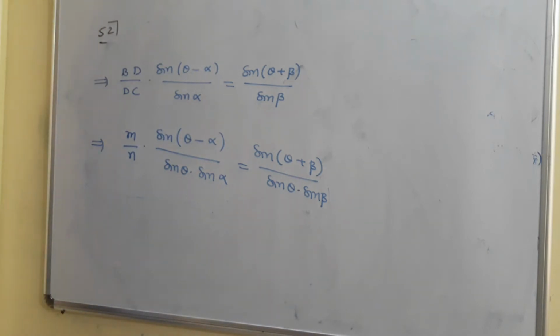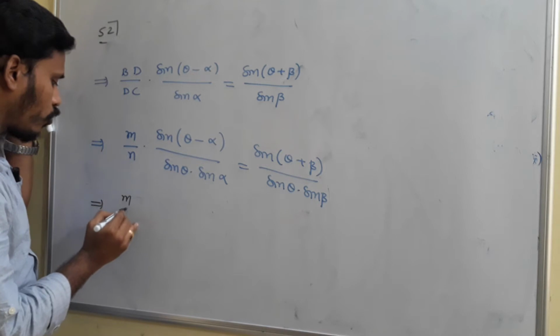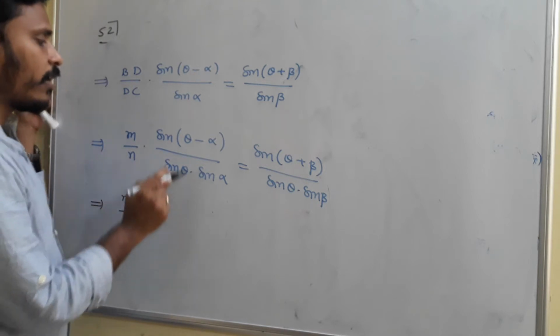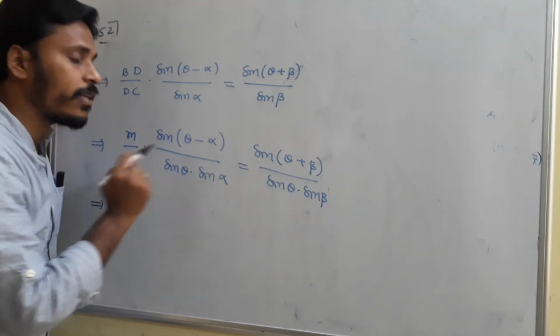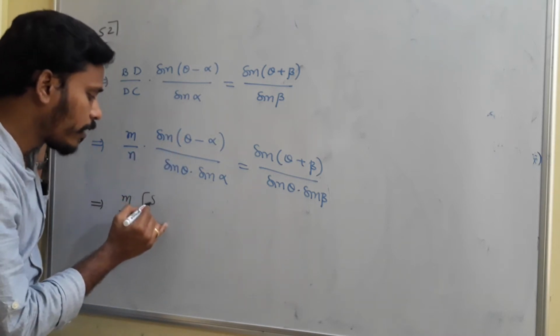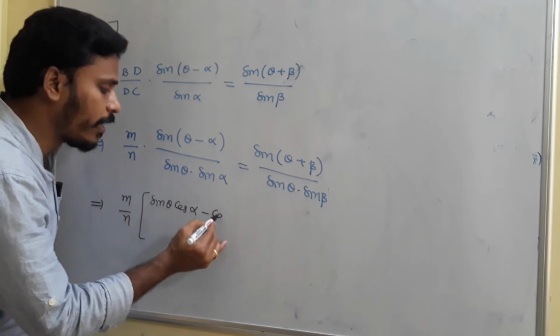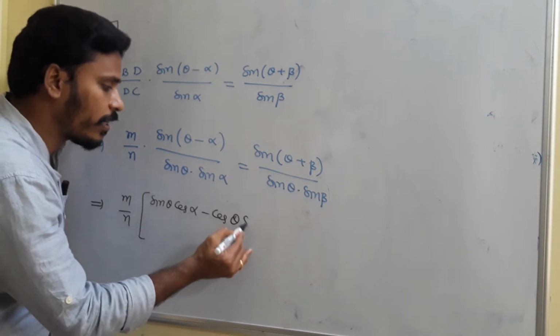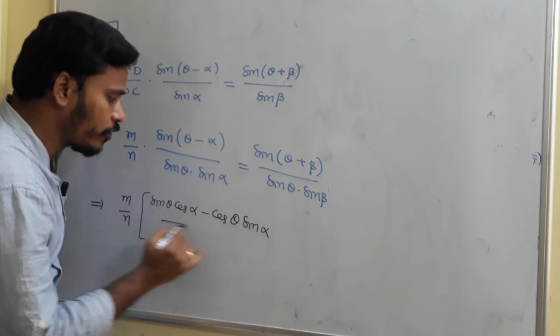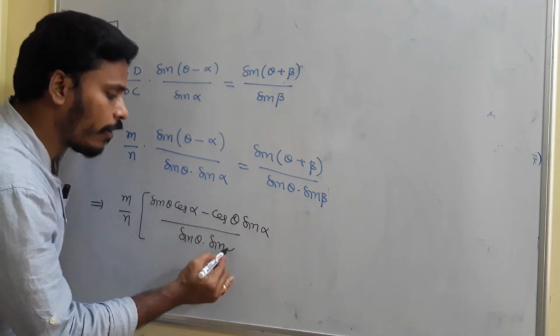Okay. You just look at it now. So this part is M by N. So this is equal to M by N. And here sine of theta minus alpha by sine theta sine alpha. See, what is sine of theta minus alpha? Sine of theta minus alpha is sine theta cos alpha minus cos theta sine alpha, divided by sine theta into sine alpha.